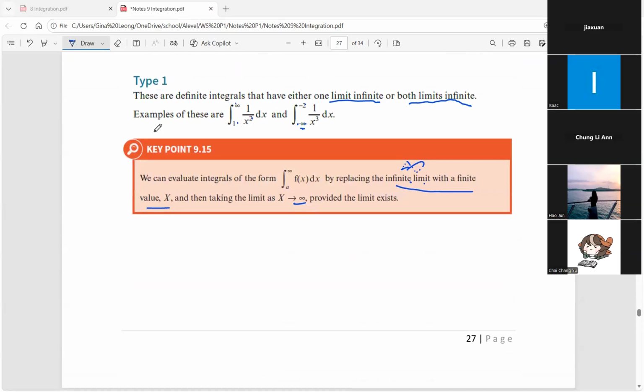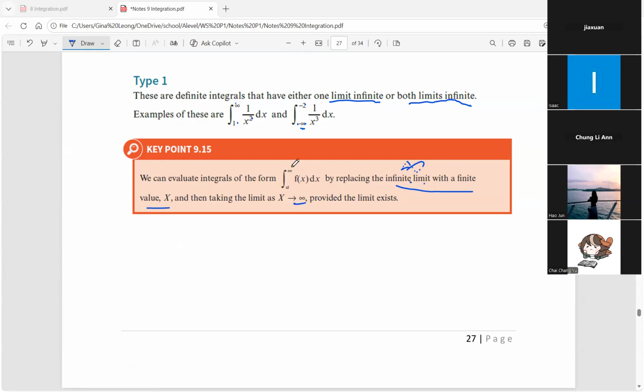Now we continue here. This is type 1. You go for the key point first. The key point is that when we want to find the value with infinity, which means a very big value, it can be 9999999, a lot, and f(x) is the function, we can evaluate this integration by replacing the infinity limit.